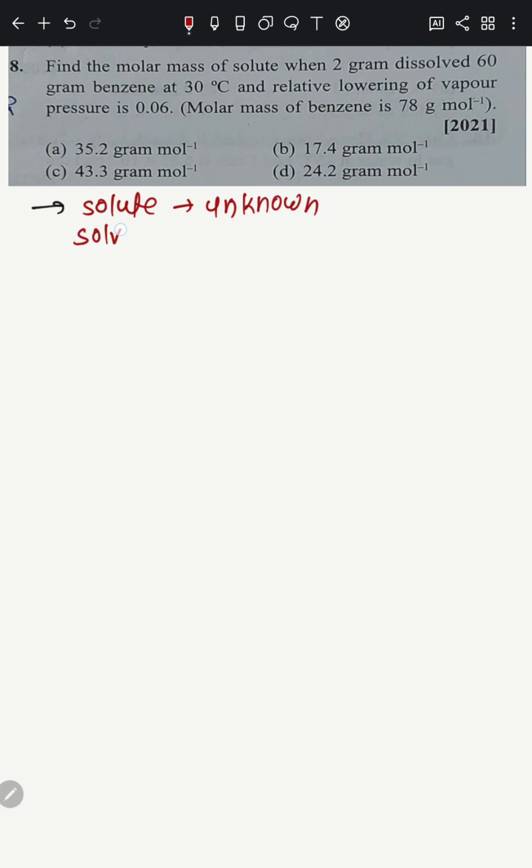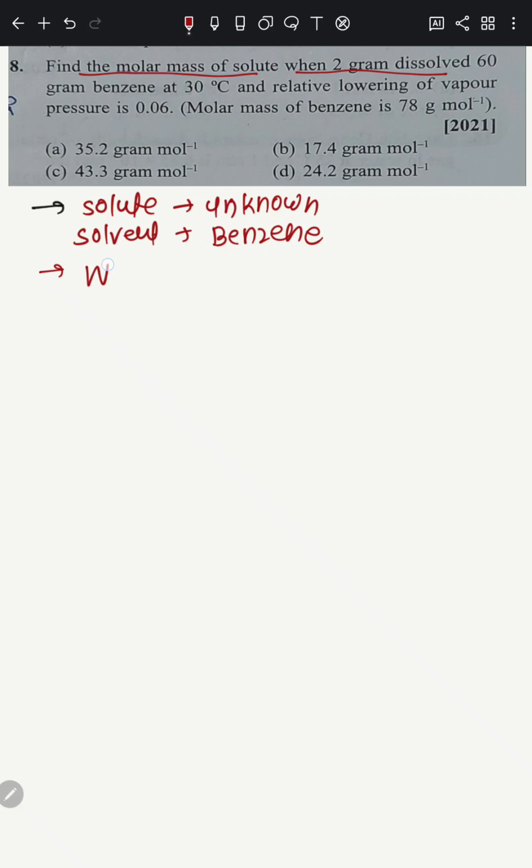Solute is unknown, we don't know the name. What about the solvent? I observed that it is benzene. Now one by one we are going to take the given material. Find the molar mass of solute when 2 gram is dissolved.